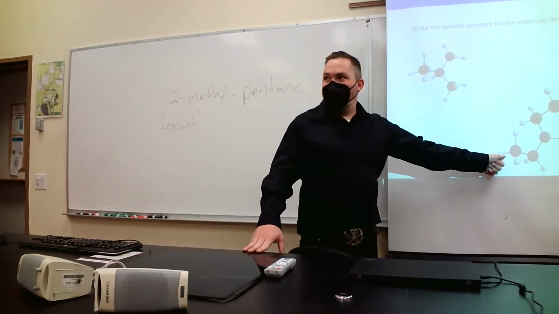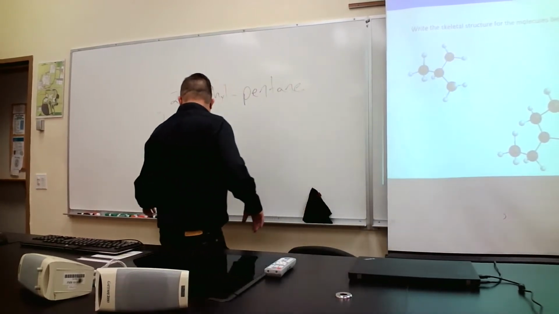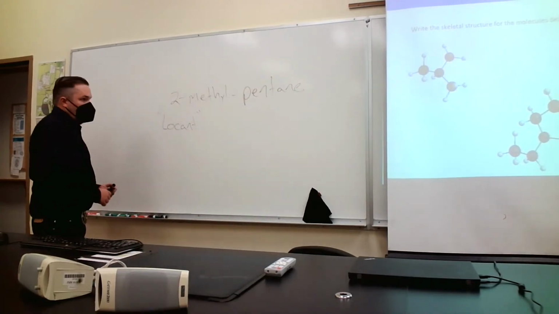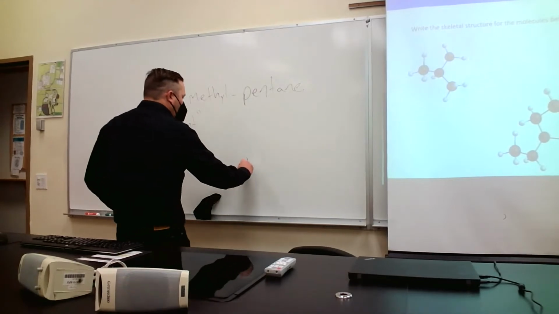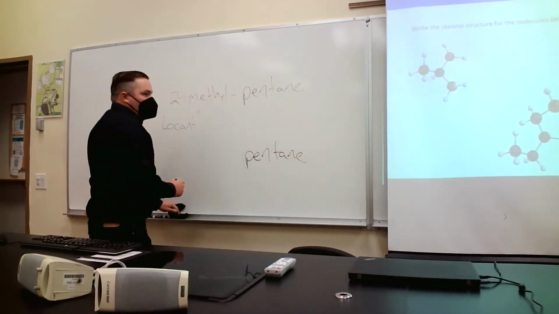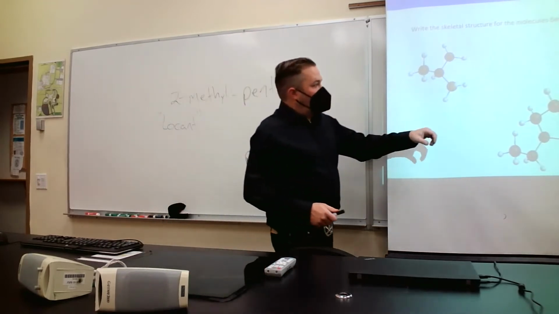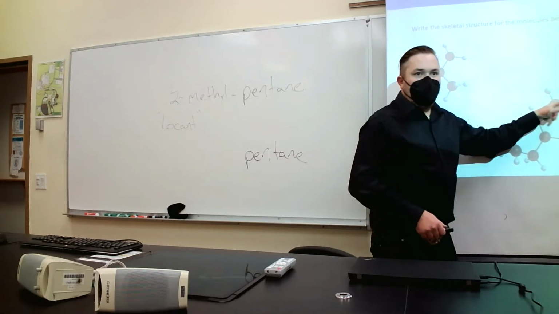And how about this molecule here? It's our longest continuous carbon chain. Yeah, it's still going to be pentane. Except now our branch, so if we circle this, our branch is 2 carbons long.